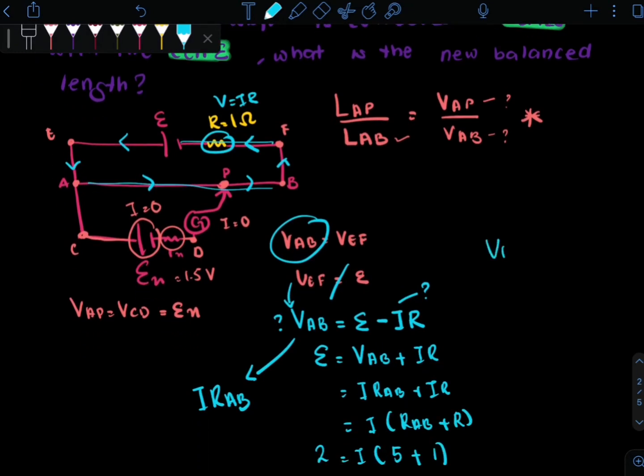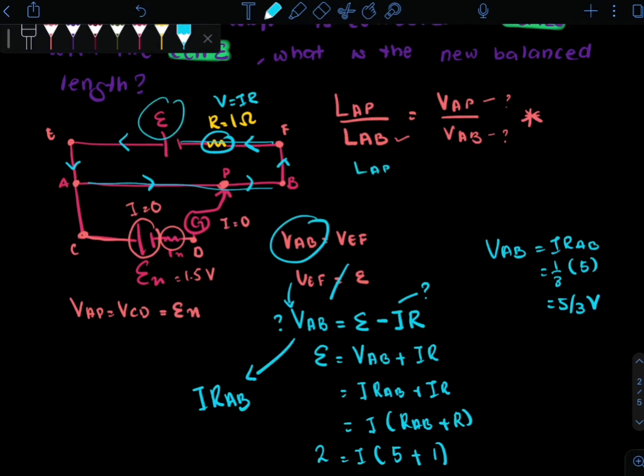So apa yang kita nak cari sebenarnya adalah VAB. VAB tadi sama dengan I RAB. Now we know the value of current 1/3, resistance kita adalah 5, so kita dapat VAB sama dengan 5/3 volt dekat sini. Nampak tak, VAB sebenarnya tak sama pun dengan EMF asal ni.